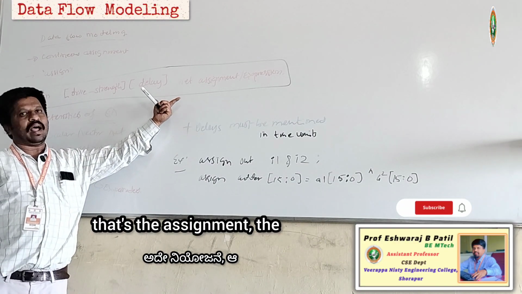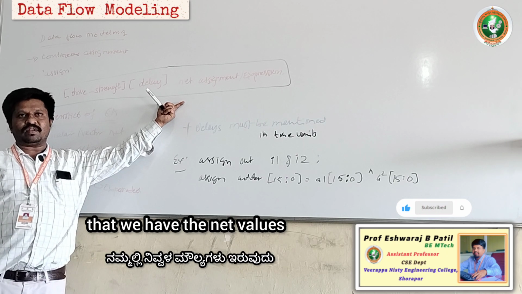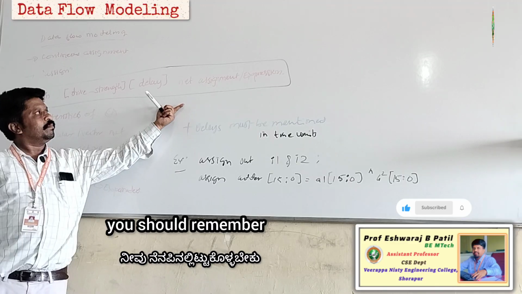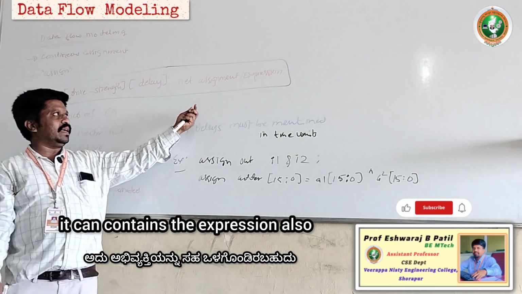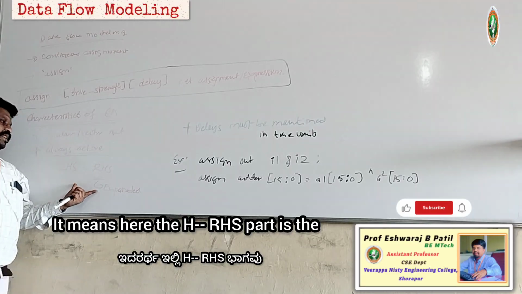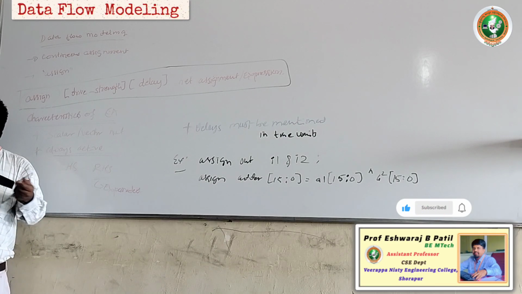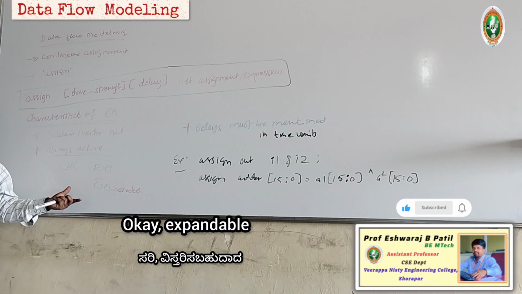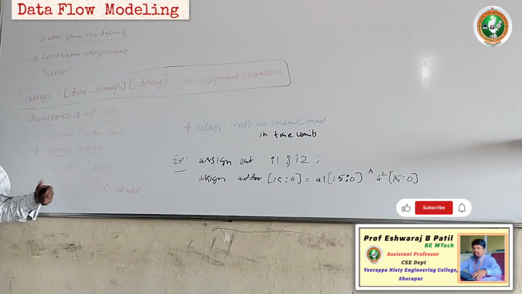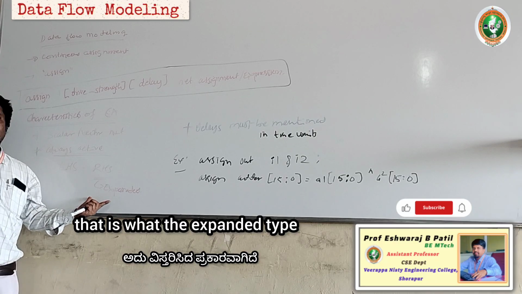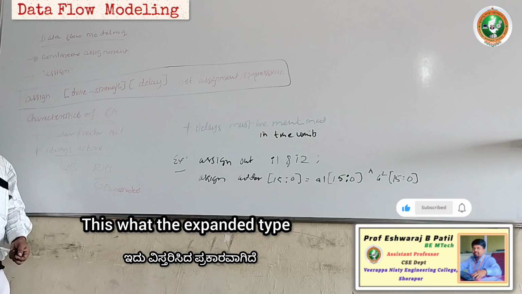The net values will keep on changing, and sometimes it can contain an expression also. It means the RHS part is expandable. Using the assign keyword alone does nothing, but what we write after the assign keyword is the expanded type.